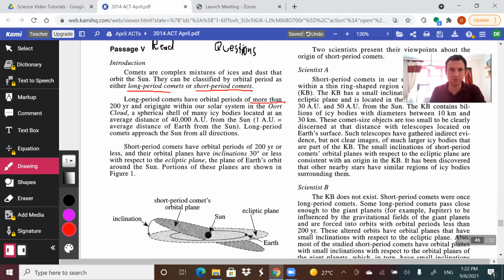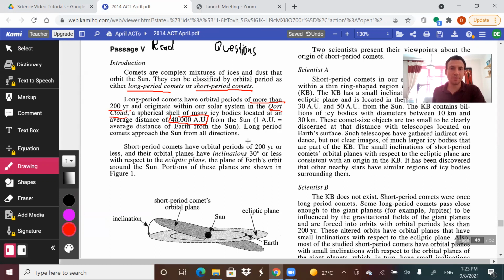So it takes them more than 200 years to orbit the sun, and they originate within our solar system, in the Oort cloud, a spherical shell of many icy bodies located at an average distance of 40,000 AU from the sun. AU is the distance of Earth to the sun. So these icy bodies are pretty far away from the sun.